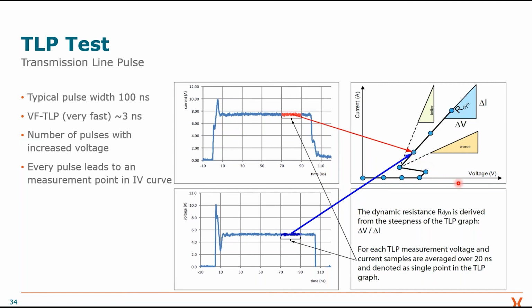Since we're not doing only one pulse, but a number of pulses with increasing voltage and according currents, we get more points on the IV curve. And this IV curve is, let's say, the IV curve for a pulsed system. From this IV curve, you can predict the electric behavior of your ESD protection.